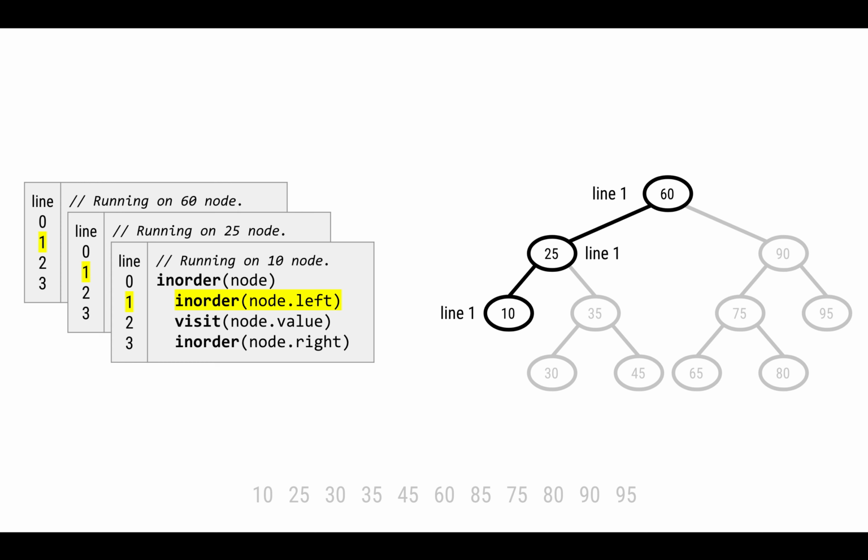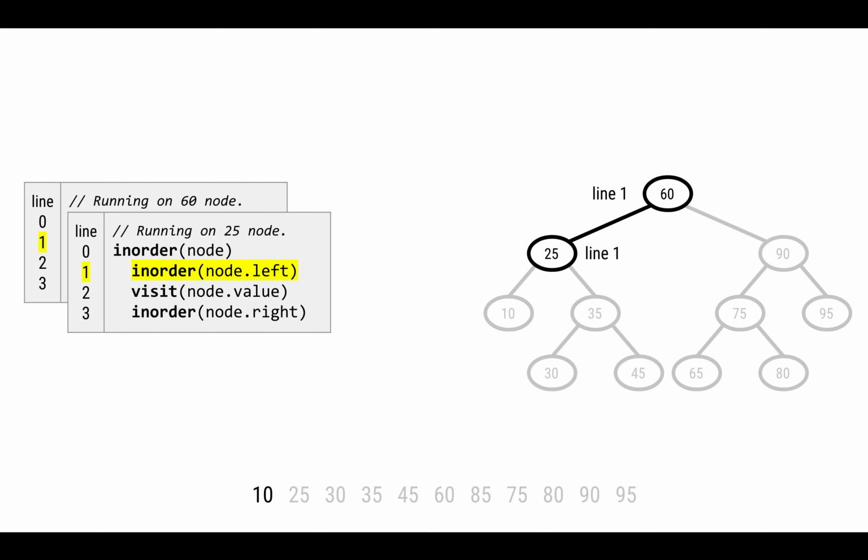We are now at line 1 of this third copy of the code, and it has no more left children, so we're actually going to visit the value. So we're visiting that value, and this is the first time that a value is actually recorded. We've so far just passed through 60, passed through 25, and now we're visiting 10. Then we finish this copy of the code, and so now we are going back to the previous copy where we're running on 25.